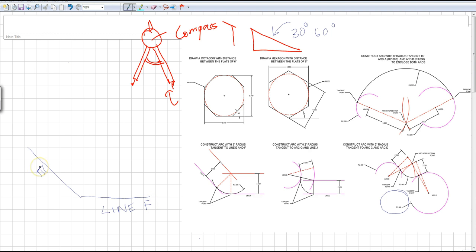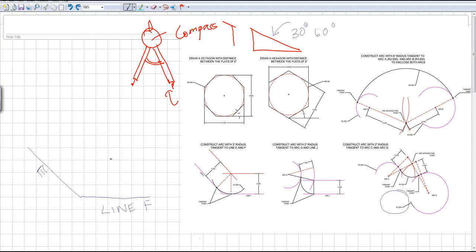This is line E and that's line F. Now to draw this radius or an arc, you need to find the center of this arc. Now how am I going to find this center? That's why we have to go through this process.